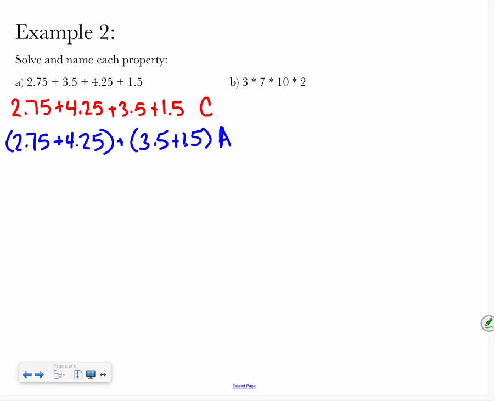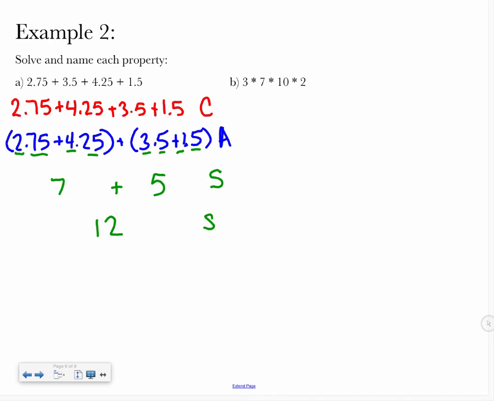Next, I know that 2.75 plus 4.25, I have my 2 and my 4, that gives me 6, plus 1 more, that's going to be a 7, plus, and then I have 3 plus 1 is 4, plus 1 more is 5. And instead of writing those, I am just substituting whole numbers for them. And instead of writing 7 plus 5, let's substitute in a 12. So that is the final answer.